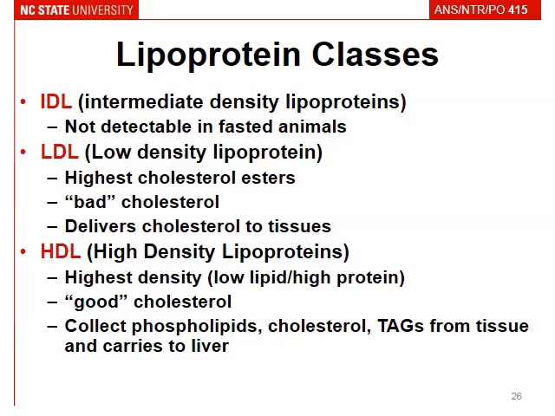The liver can then package those up and send them back to the intestine, and they'll be excreted into the intestine, and that's how we clear a lot of our excess cholesterol, for instance. So this is why it's referred to as good cholesterol, because it is clearing any excess cholesterol.